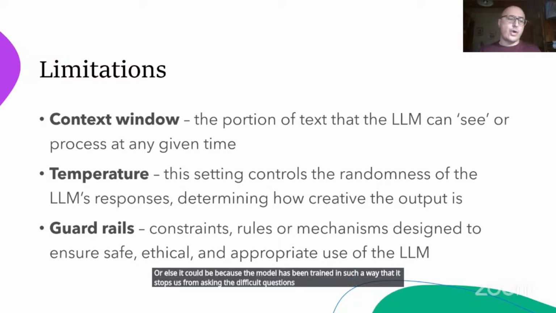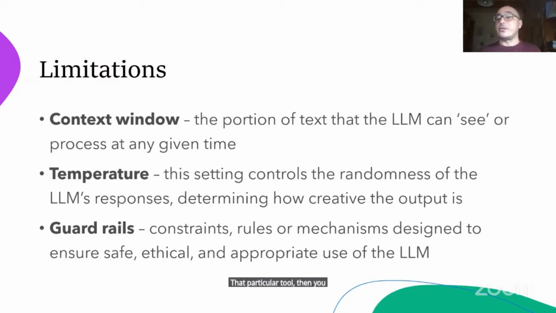So those of you who have used DeepSeek and might have asked DeepSeek for certain things that are uncomfortable for the people or the organization that designed that particular tool, then you know what these guardrails are. And there are ways of bypassing guardrails, but we need to be aware that different models have different kinds of guardrails in place.